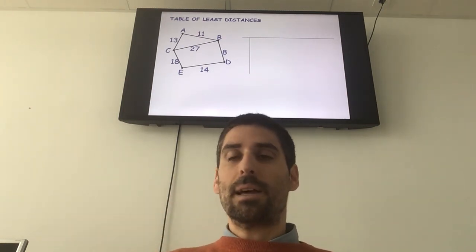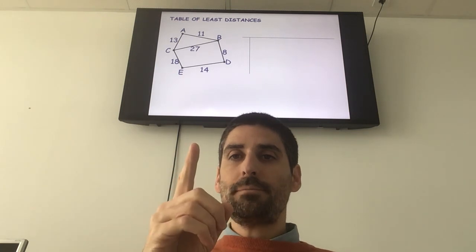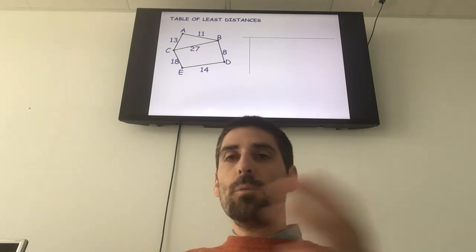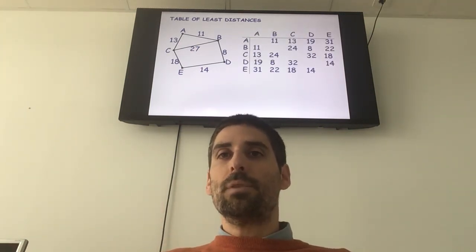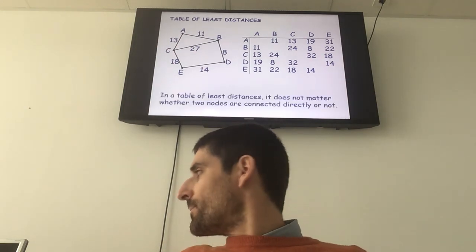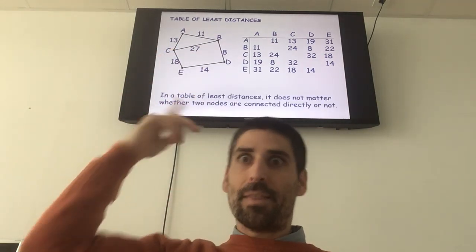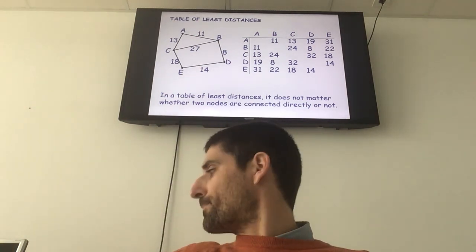I mean, you've got it on the slides, but please don't look at it. Pause the video now. Okay, hopefully you had a go and you would have found that that is your table of least distances. And big point, remember that there. Awesome. Moving on.